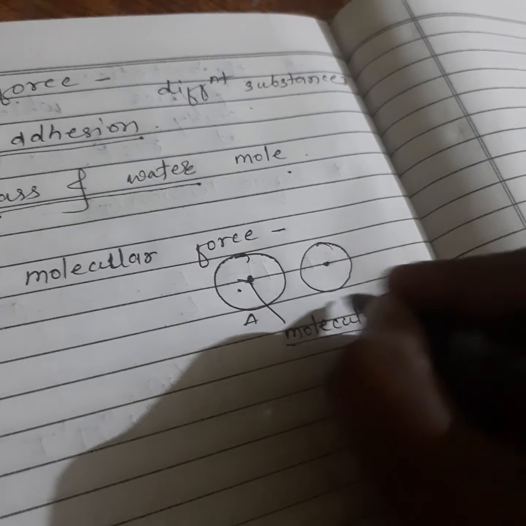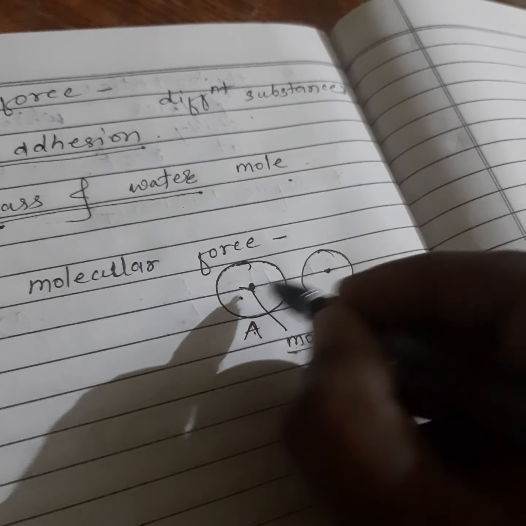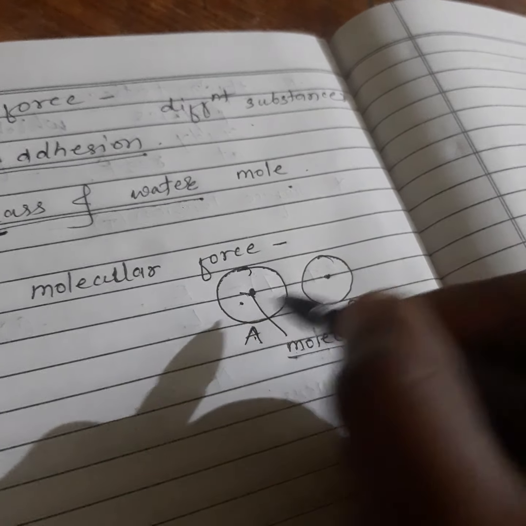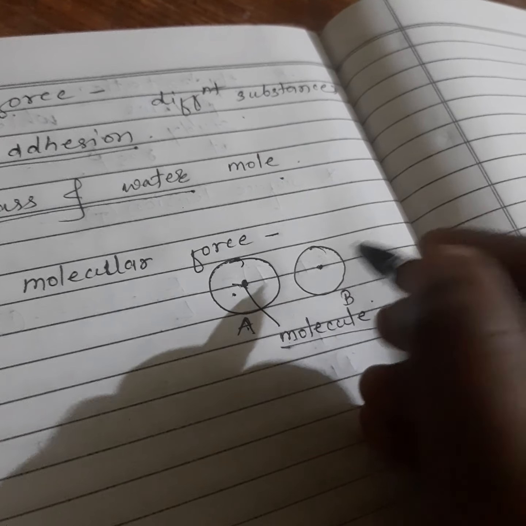Suppose this is molecule A and this is molecule B, of the same or different substances.